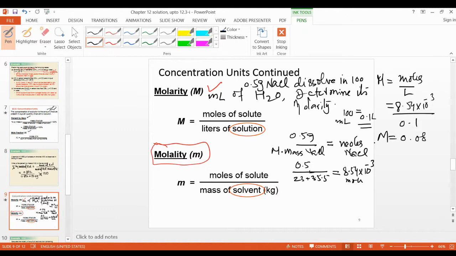If I want to make it 85.4, it is multiplied by 10 to the power of minus 3.